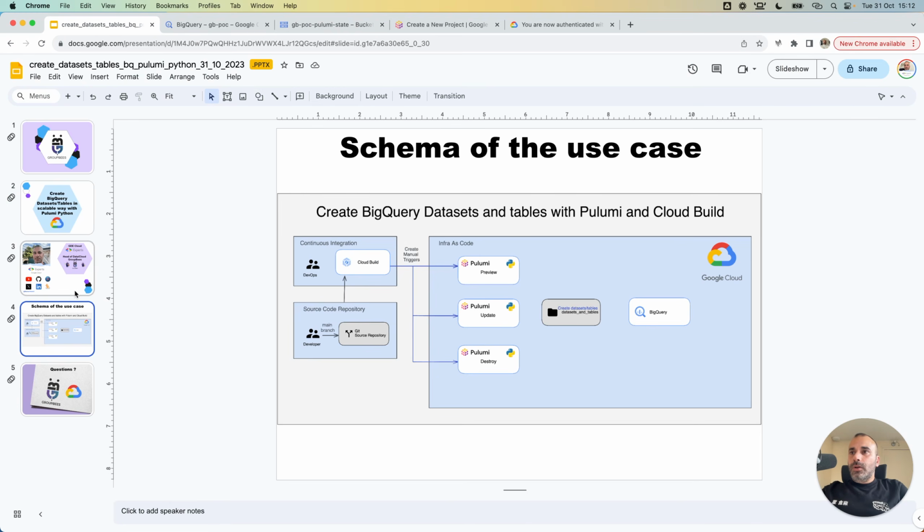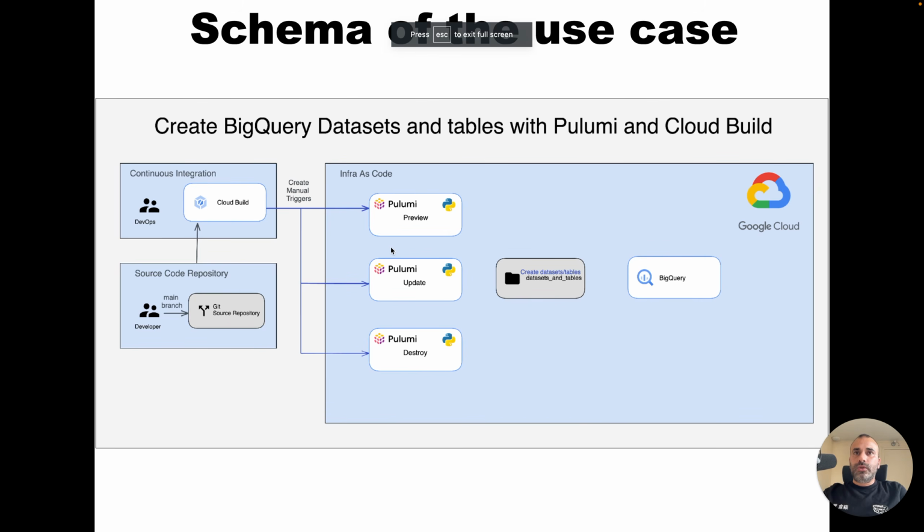I think the use case is finished. We showed how to configure a list of datasets and tables in a JSON configuration file, how to load this file with the Pulumi and Python SDK, and showed the code to create the datasets and tables with the preview, the update, and at the end of the use case, the destroying part for the current project.